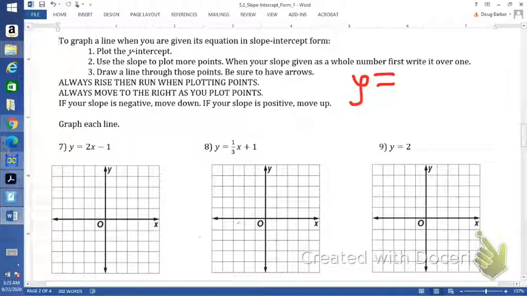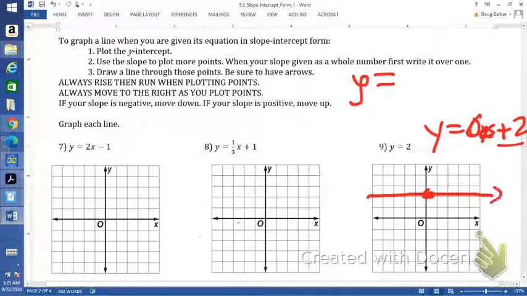So here we can rewrite this actually too if it helps. y equals 0x plus 2. So the y-intercept is positive 2. So you go up 2, plot your point, and then there's no slope. The slope is 0. So we would just draw that right there. So that would be y equals 2.